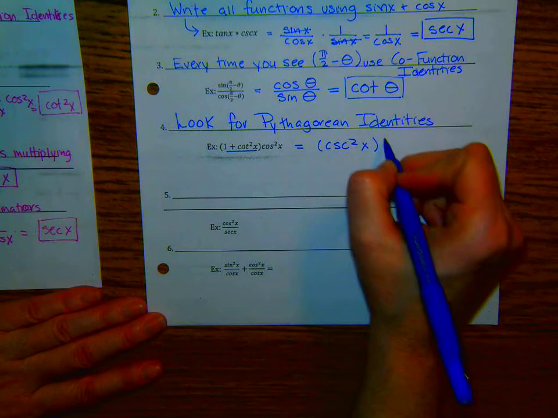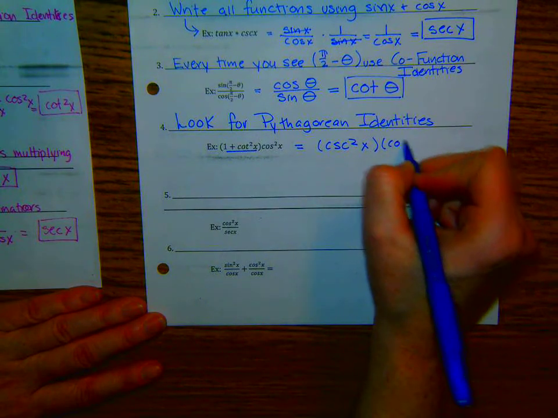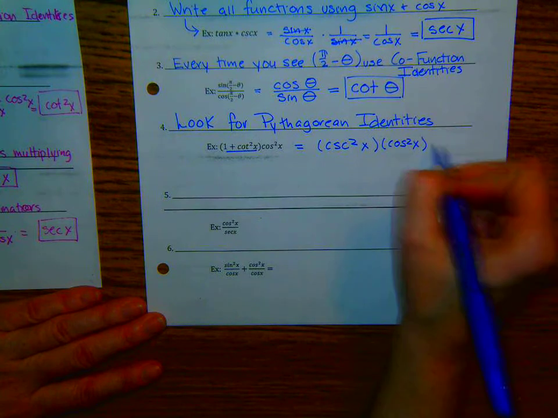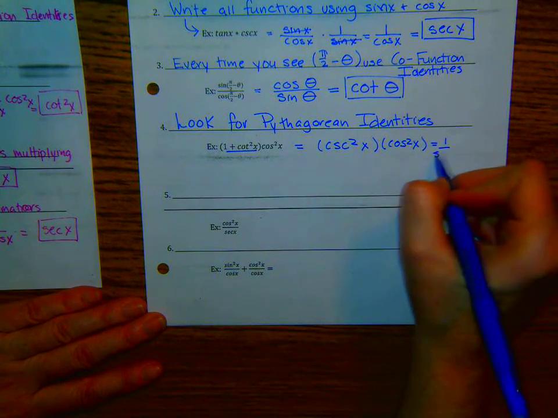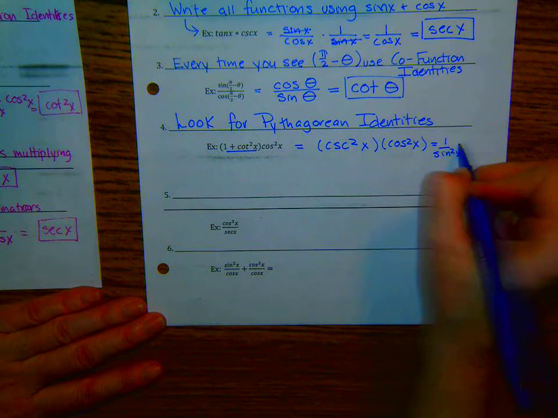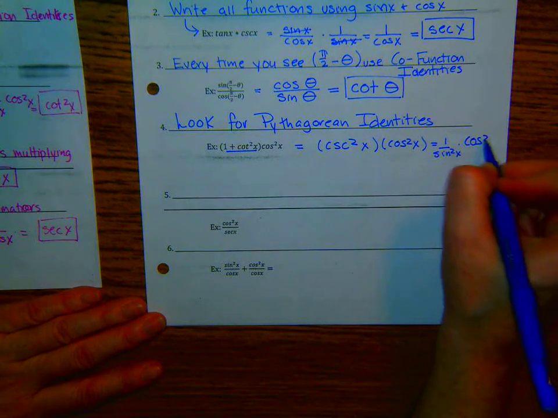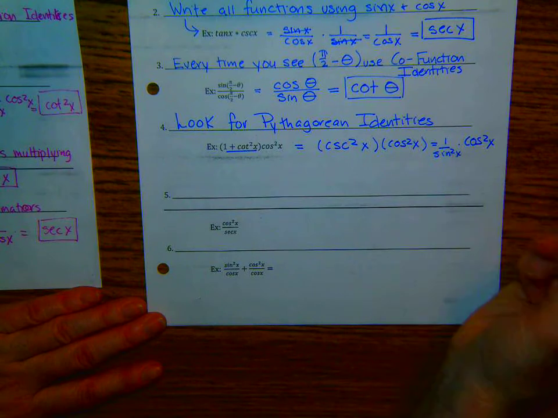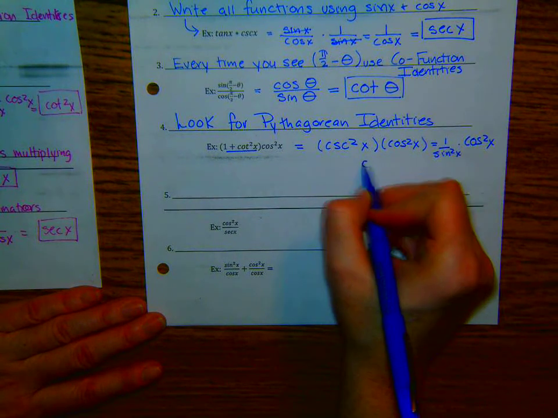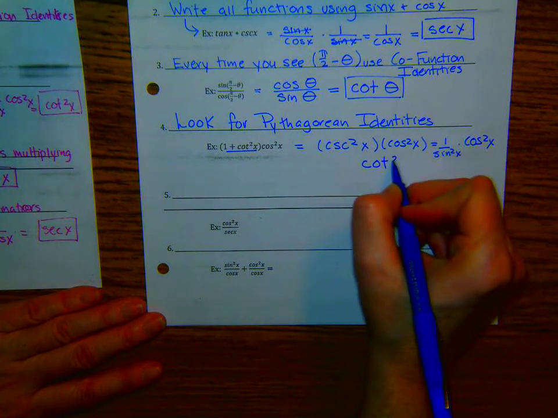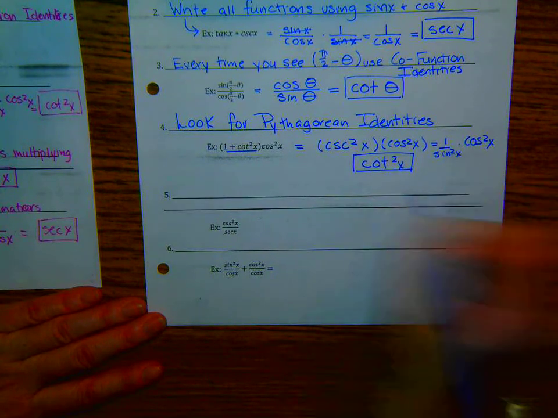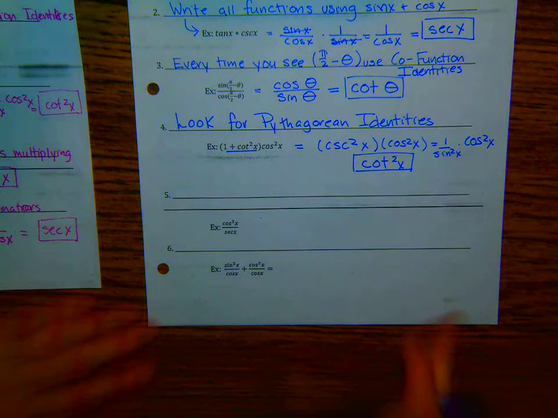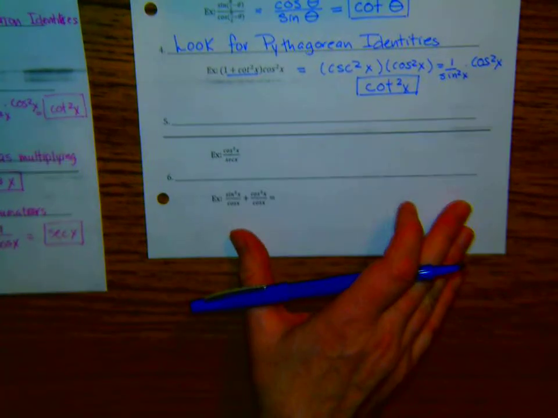And then we have the cosine squared. So how can we simplify that? Well, cosecant squared is 1 over sine squared, times the cosine squared. What is cosine squared over sine squared? Well, that is cotangent squared x. So we keep simplifying.